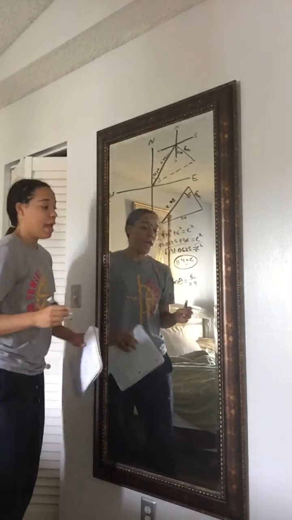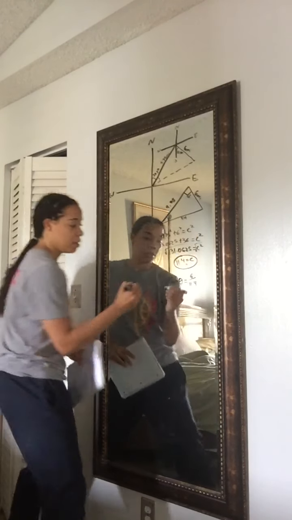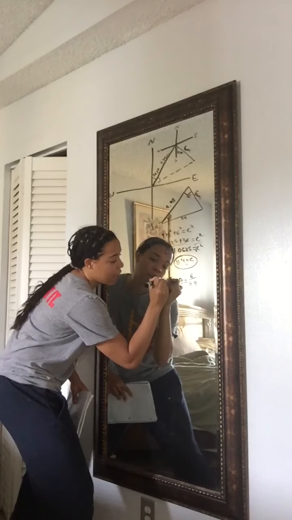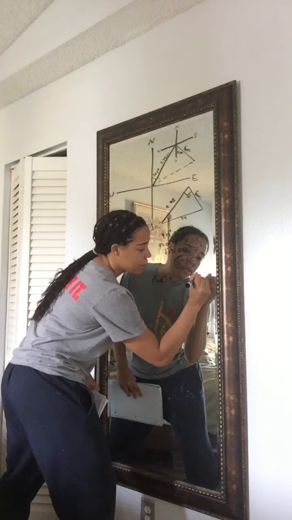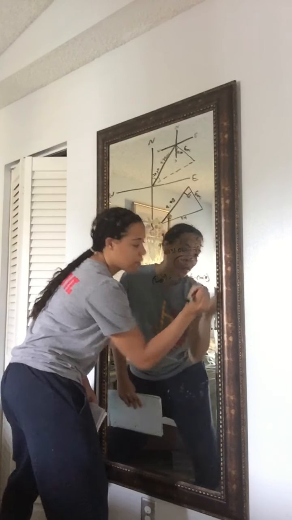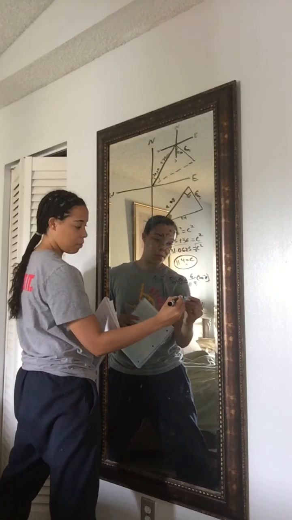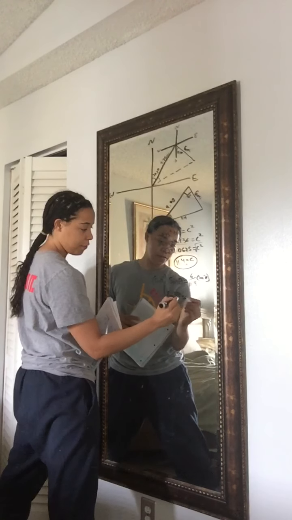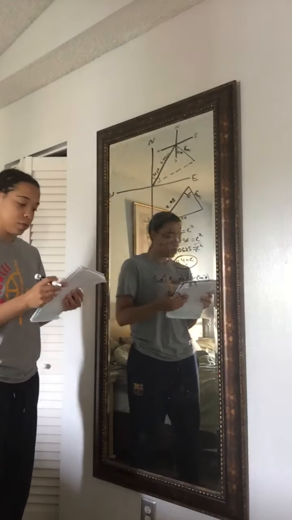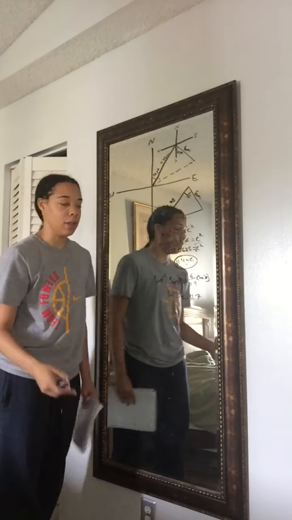To find theta, we use the inverse of sine, sine to the power of negative 1. Theta equals 31.7, after we plug this into the calculator.